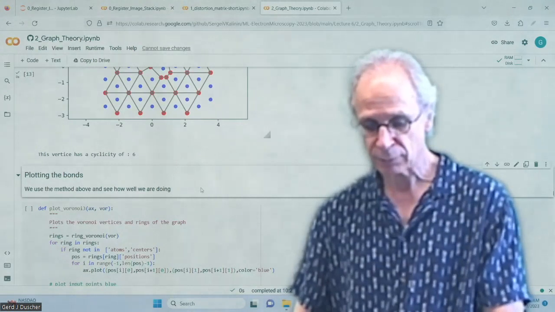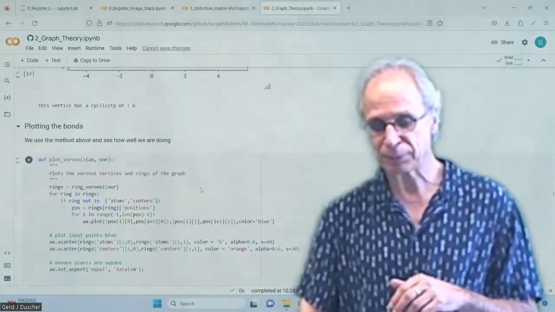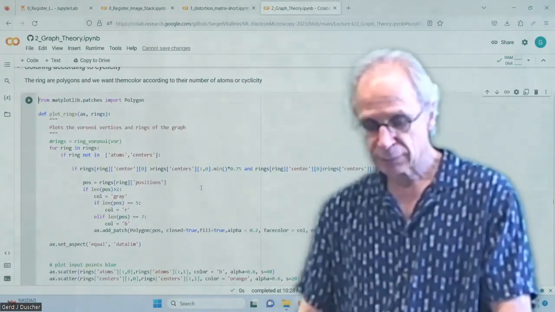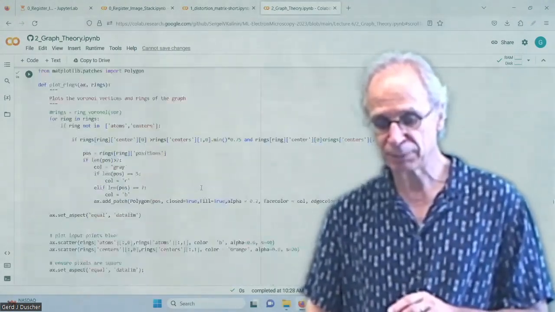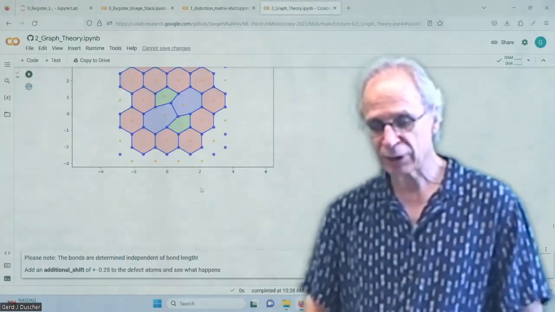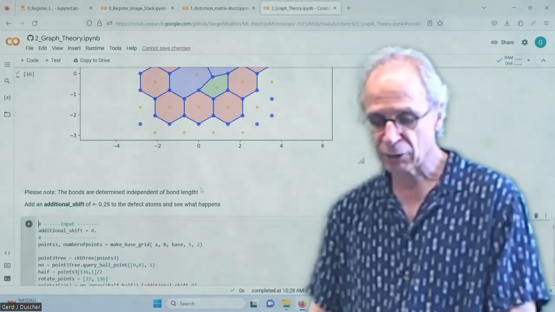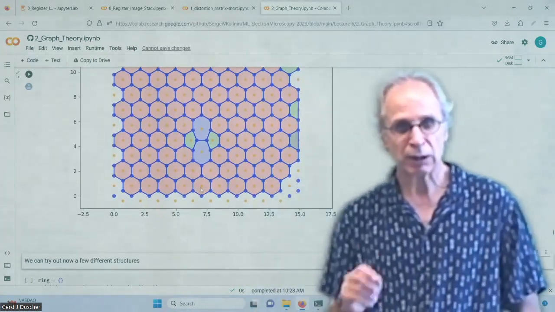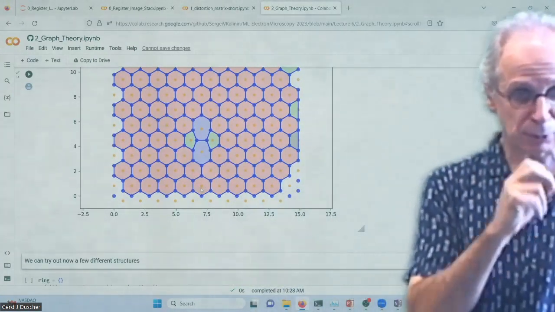Okay. We plot them together, right? And then we plot them according to the rings. And let's do that all in one nice thing here. And look a little bit more into how stable this method is, right?